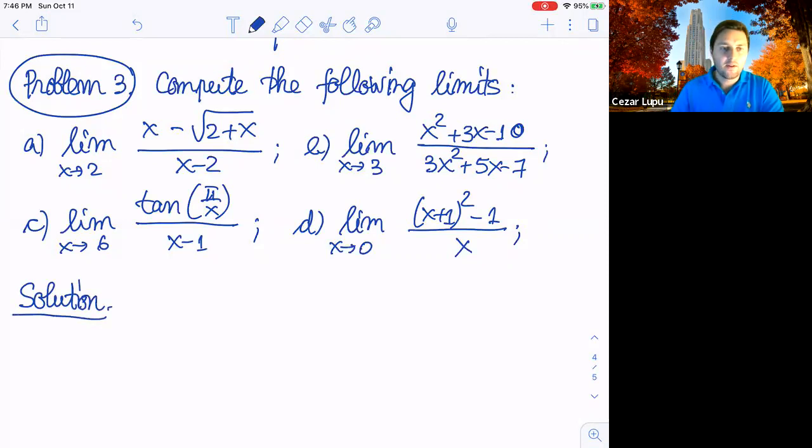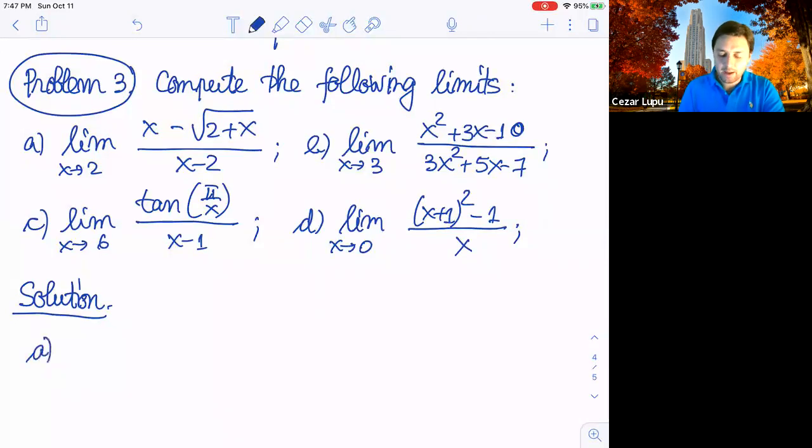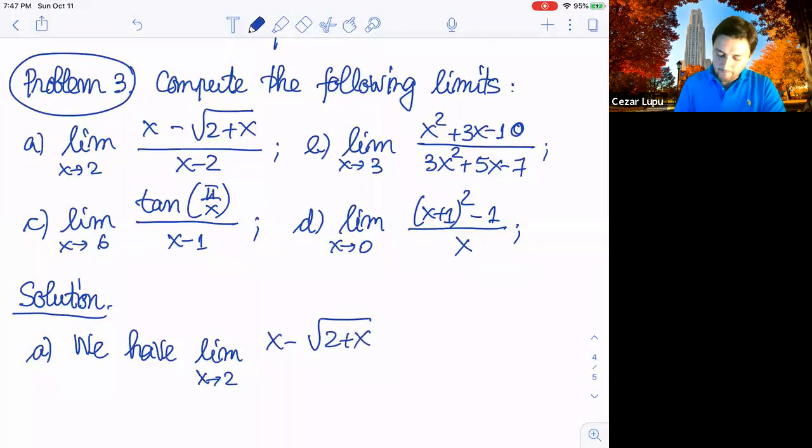As you can see here, I have a fraction, and on the numerator I have a radical. But first, let's plug in x equals 2. So we have the limit as x approaches 2 of x minus the square root of 2 plus x, everything over x minus 2.